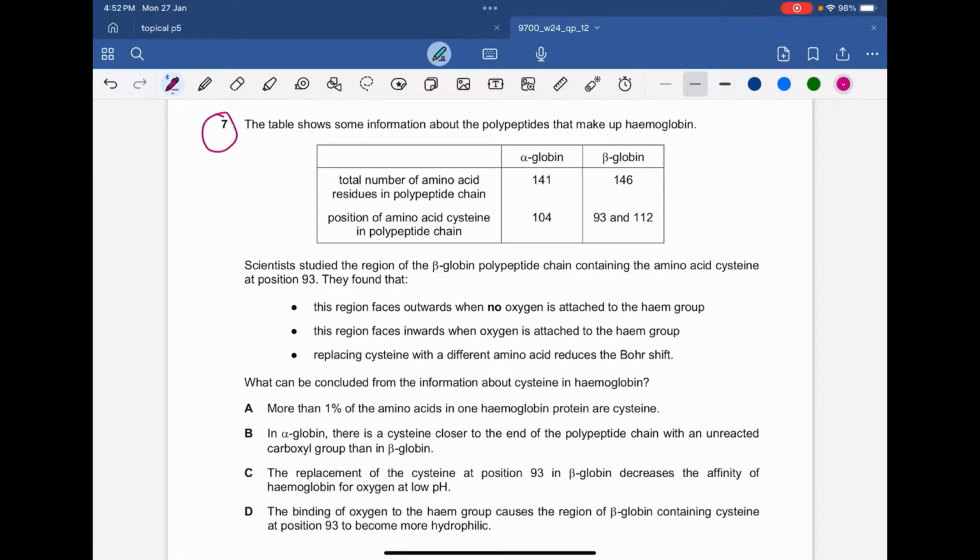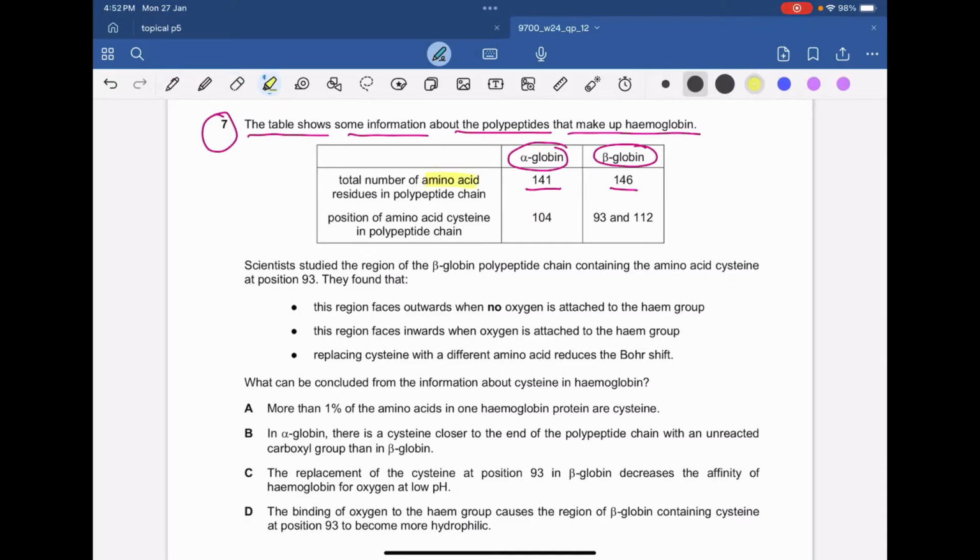Question number 7 says that the table shows some information about the polypeptides that make up the hemoglobin. They are talking about the alpha globin chain and the beta globin chain. The alpha globin chain has 141 amino acids and the beta globin chain has 146 amino acid residues.